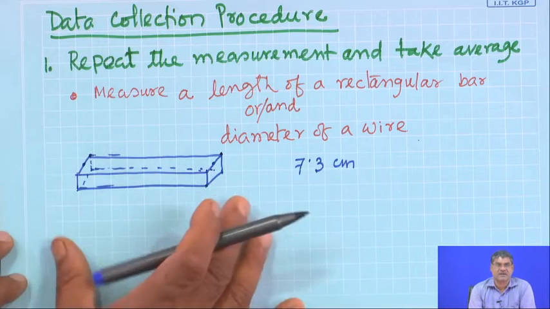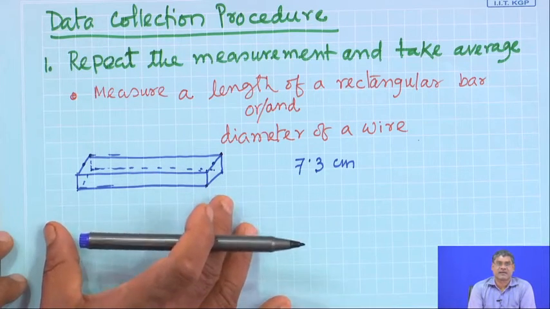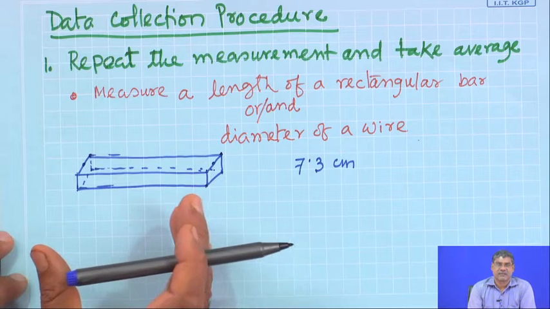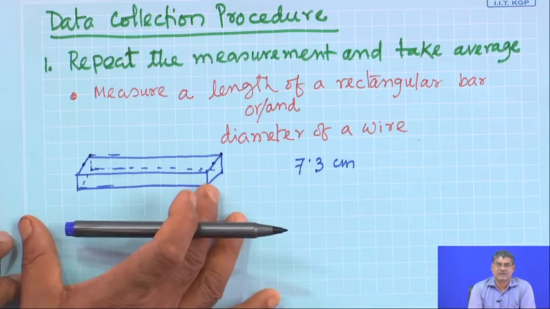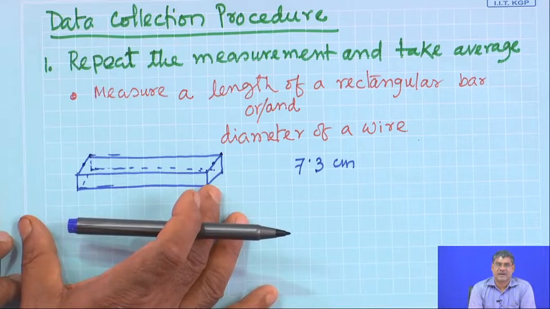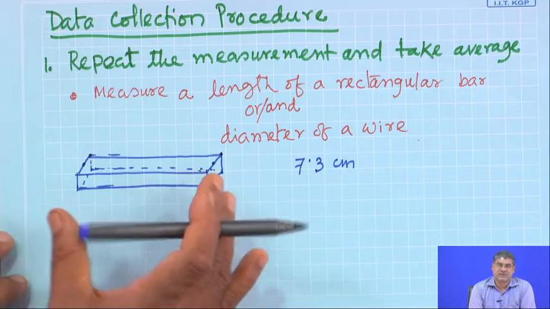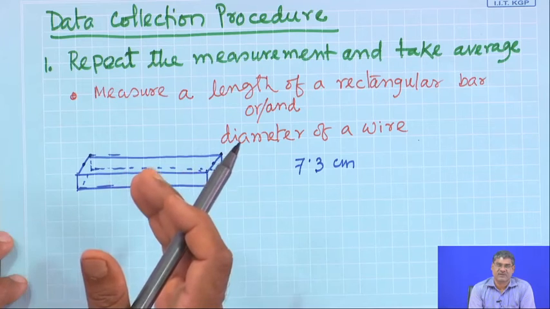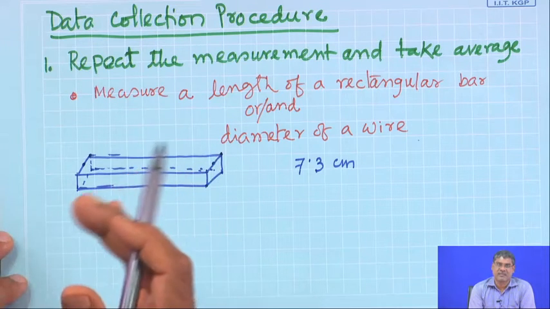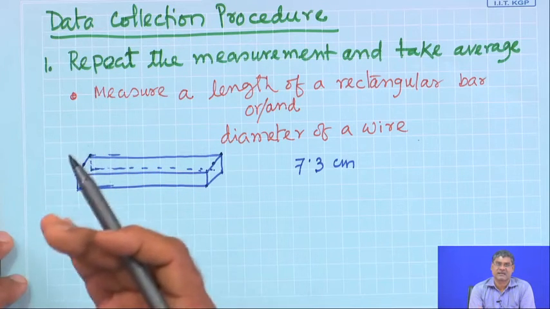Any imperfection in the fabrication of this rectangle is taken care of, because any imperfection is going to affect your result. So, this is to minimize the error in measurement.